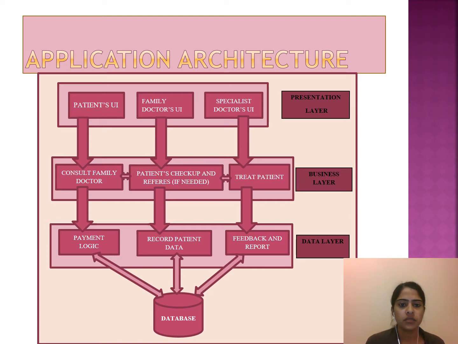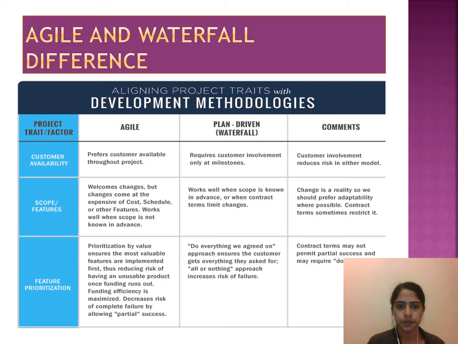Users submit their queries through user interfaces to the business layer, where the actual logic for their queries works, and that logic fetches the information from the data layer that is directly connected to the database. In this way, information flows in and out of this application architecture.